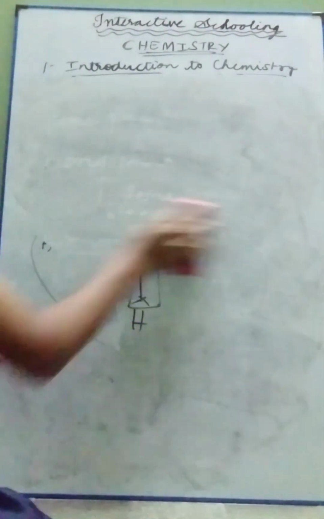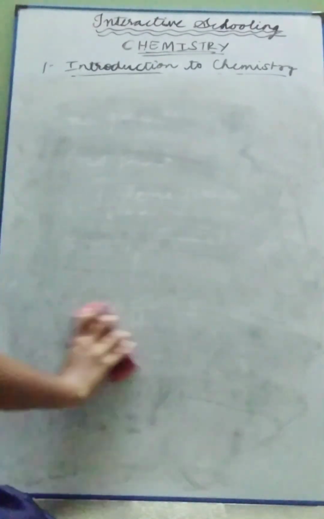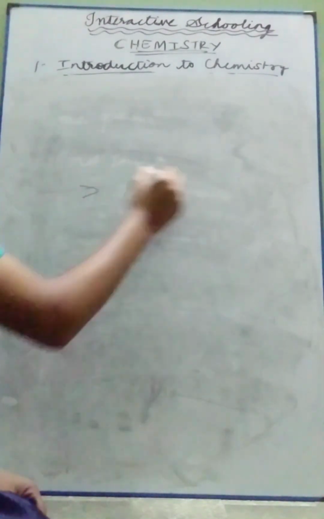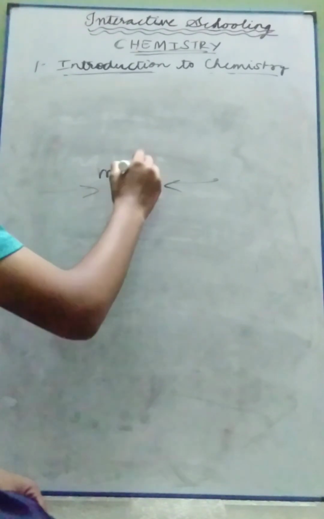So now let's take a very common example that is used for explaining coordinate covalent bond. Coordinate covalent bond is nothing but sharing of electrons, but in covalent bond what happens? There is mutual sharing, right?